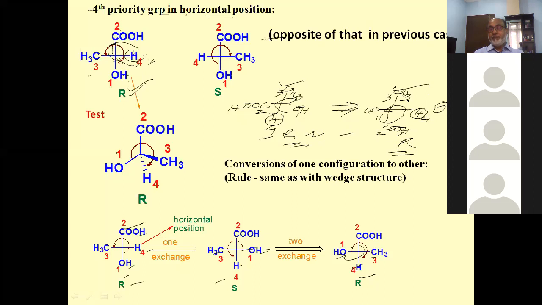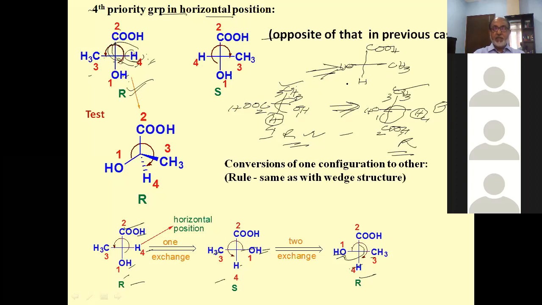Okay? Another exchange. Let us see. I can make another exchange. Suppose I keep now hydrogen in its position same. And other three positions, if I change clockwise or anti-clockwise, the configuration will remain same. So if OH is brought here, COOH must come here, and CH3 will come here.